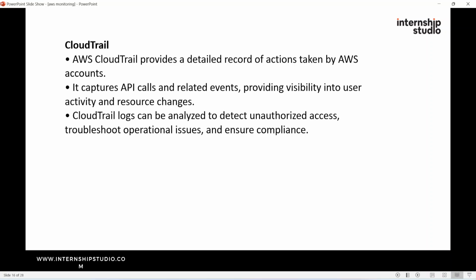CloudTrail ensures transparency, providing a very chronological record. Chronological means in a timely manner, so it is a timeline of events, such as resource changes, access attempts, and configuration modifications, allowing you to investigate incidents, monitor account activity, and maintain a secure digital trail of your AWS operations.